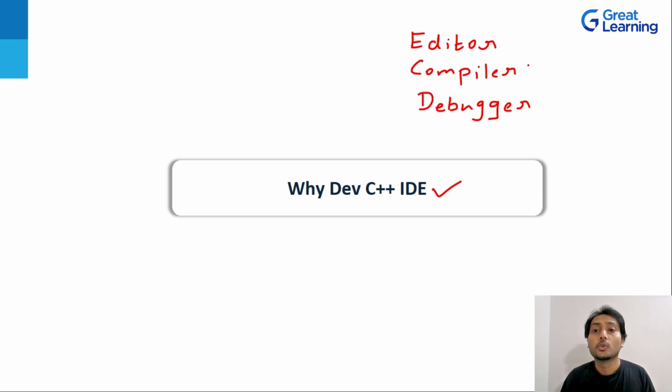So Dev C++ provides you with the editor, wherein you are going to type in your C++ program. Once you have written your C++ program, the next step is you have to make your system understand what your program must do.